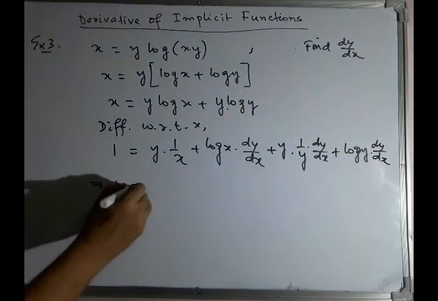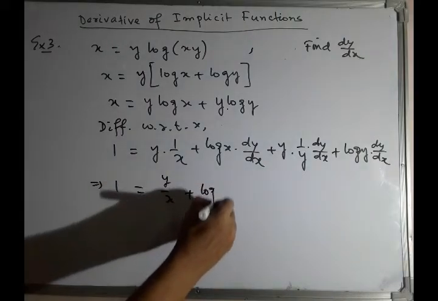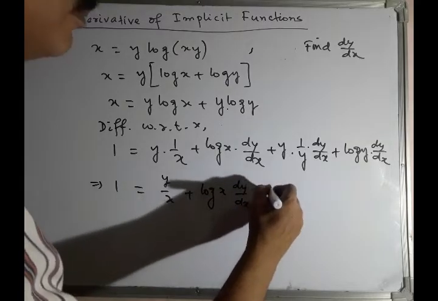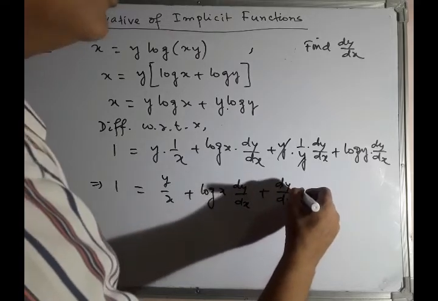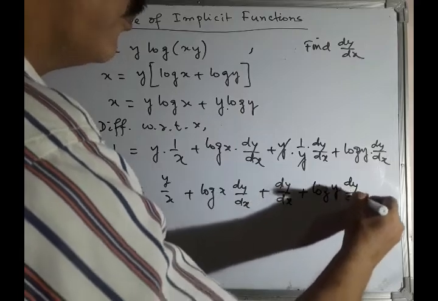So finally we are getting 1 equal to y by x plus log x dy by dx plus dy by dx plus log y dy by dx.